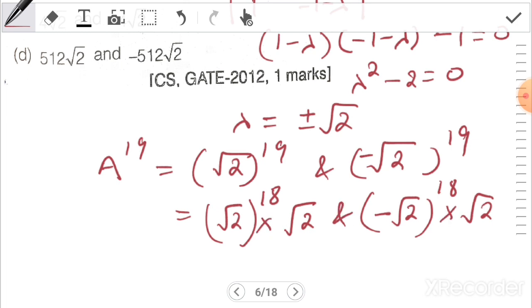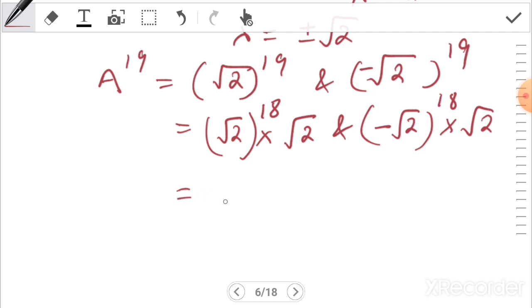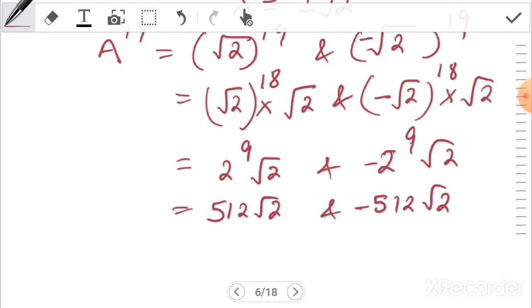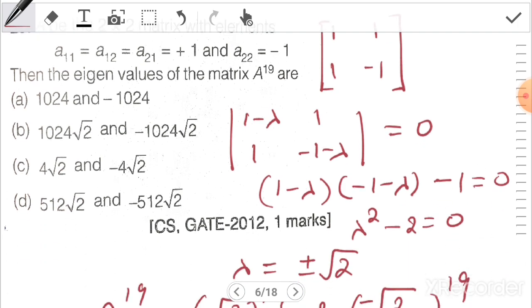So this will be 2 raised to power 18 into 1 by 2, that is 2 raised to the power 9, times root 2, and minus 2 raised to the power 9 root 2. So answer will be 512 root 2 and minus 512 root 2. Okay. So answer is D.